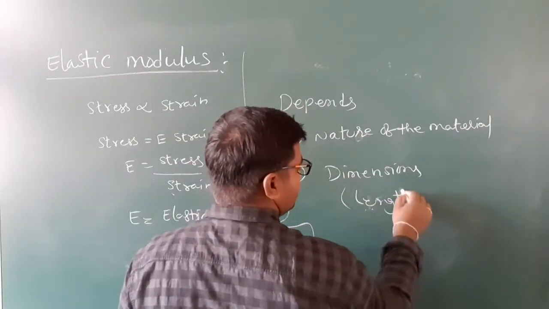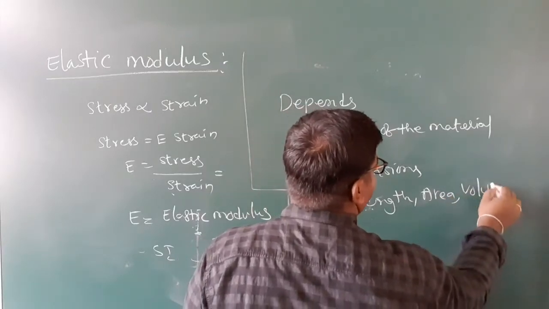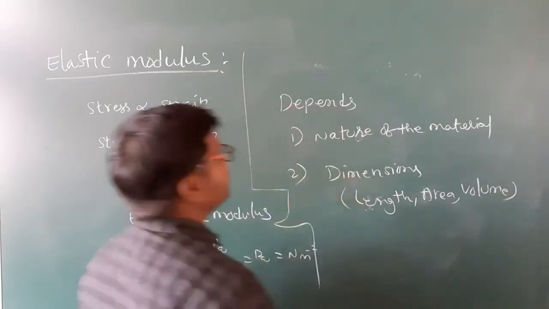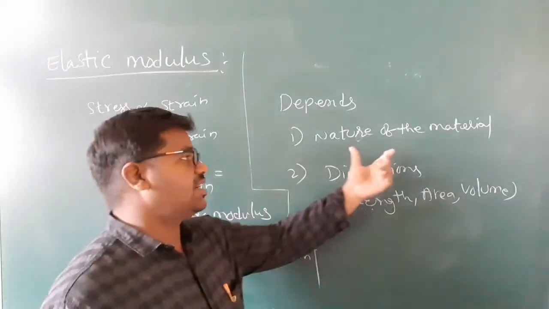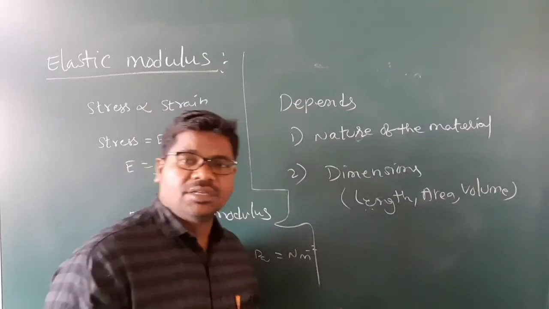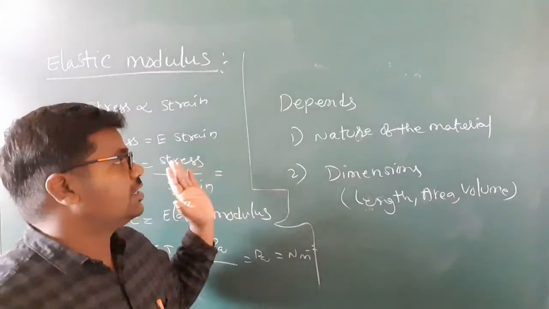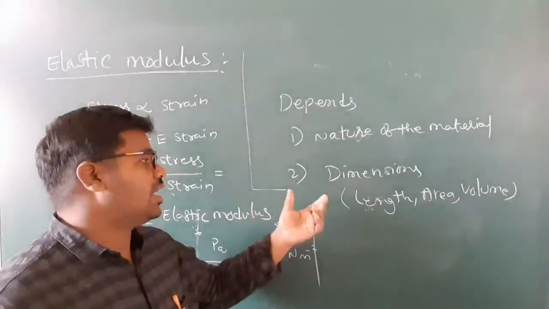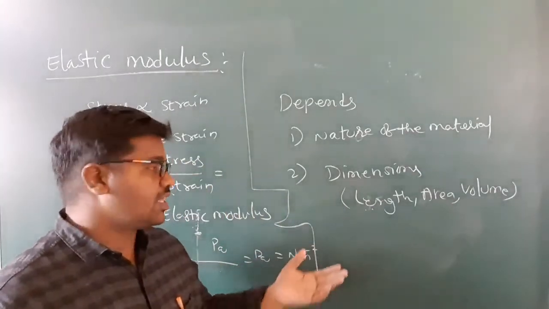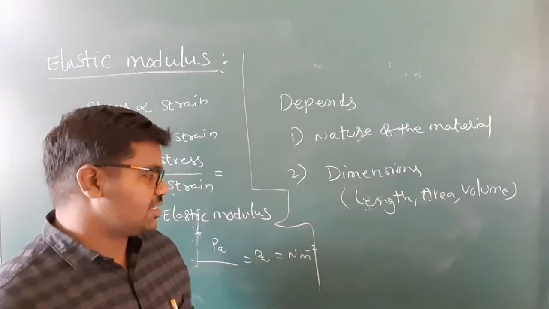Length, area and volume. So elastic modulus depends upon two points: the nature of the material, whether it is made of iron, copper or glass, since different materials have different elastic modulus values, and second, dimensions: length, area, volume.